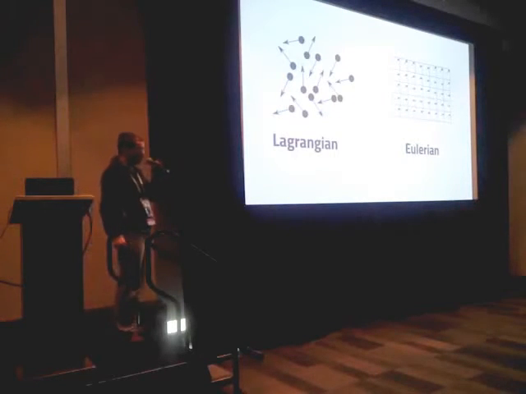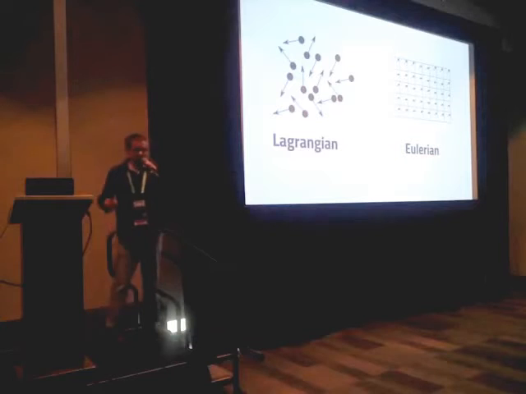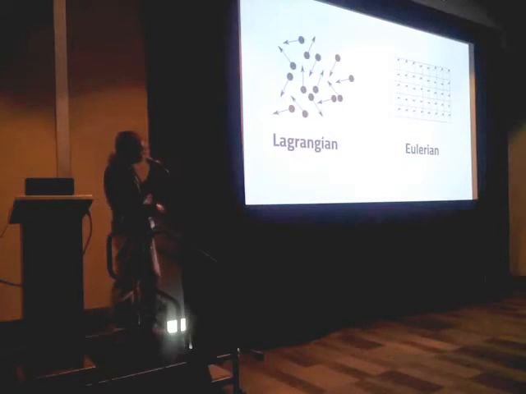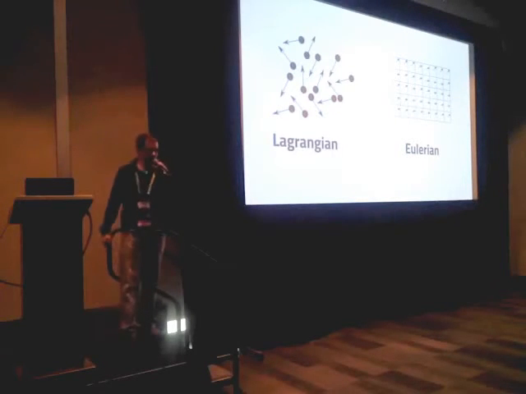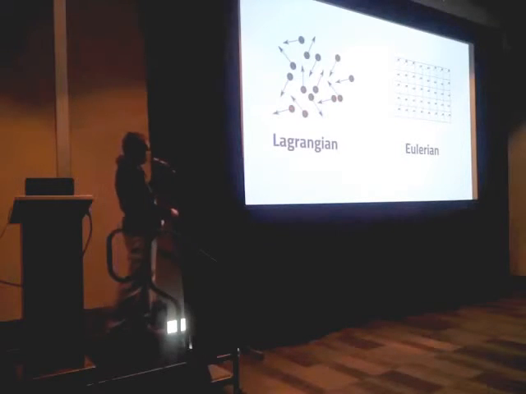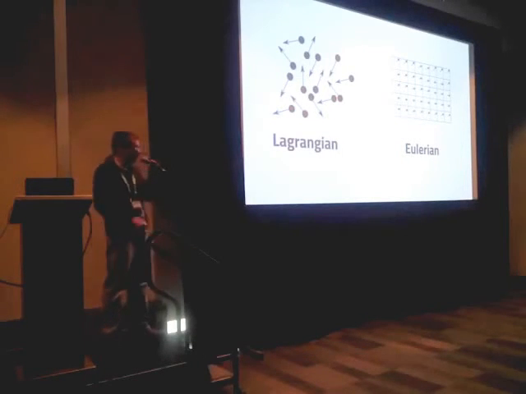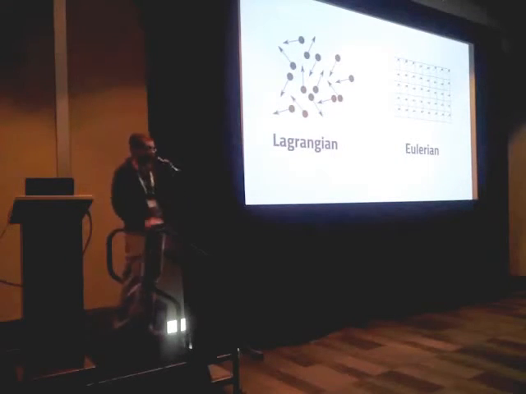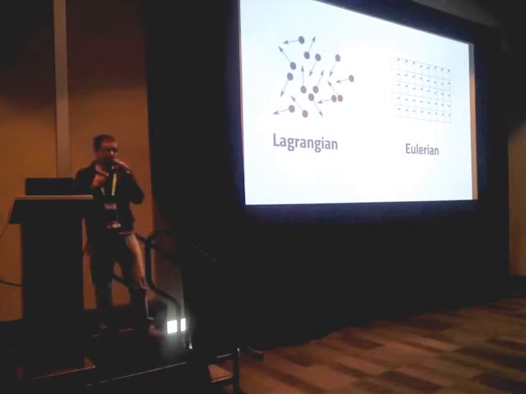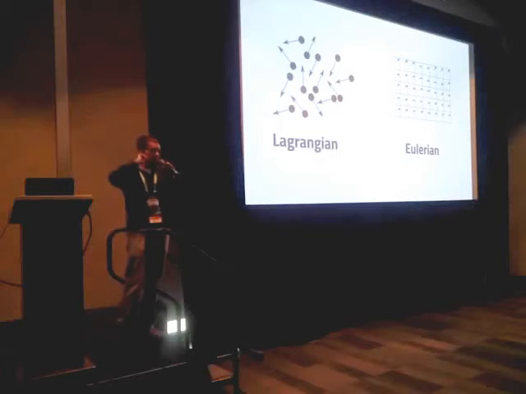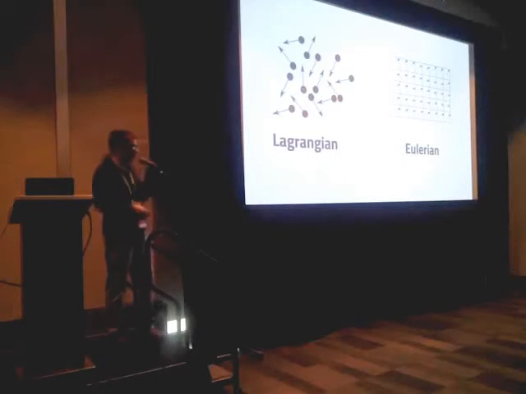And now to make the picture complete, and I would be very happy if someone didn't know this and ends up after this talk knowing it, there are two main approaches to fluid dynamics, or to the description of fluids actually. One is Lagrangian, this is how we call it in physics, and one is Eulerian. The Lagrangian approach is one with particles, so that everything in the fluid moves with individual particles and properties are advected by these particles themselves.